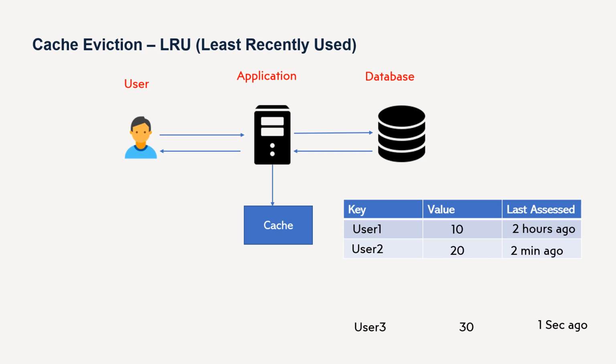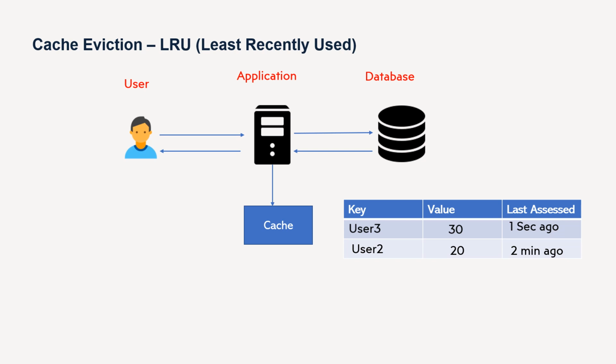When you want to put the next value into the cache, you have to remove user 1 and then add user 3, whatever data we have got now. So in this strategy, we check what is the least recently used value in the cache. Whatever was accessed long back, we remove it from the cache and put the next data into the cache.